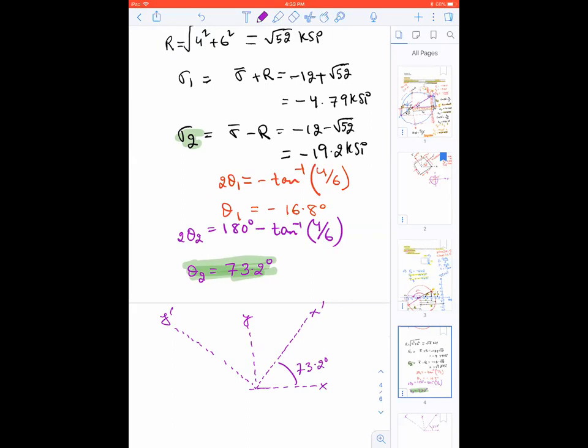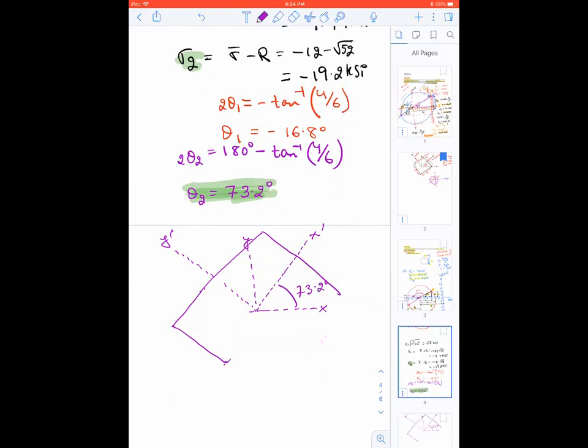And the stress in the x prime face has to be sigma 2 because the angle you used is for sigma 2, okay? So I'm going to draw it now. So this is my element.